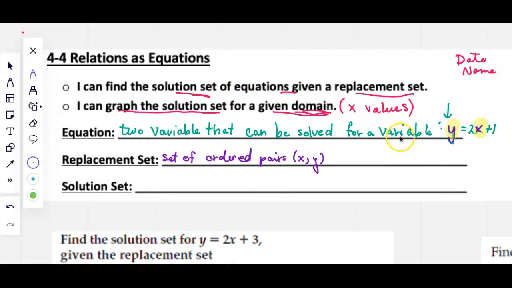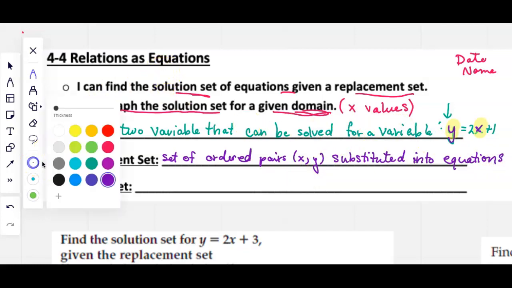And so because of that, our set of ordered pairs are going to be substituted into the equation. So a solution set is a set of ordered pairs substituted into equations. Put an S on the end there. All right, now our last one, solution set.